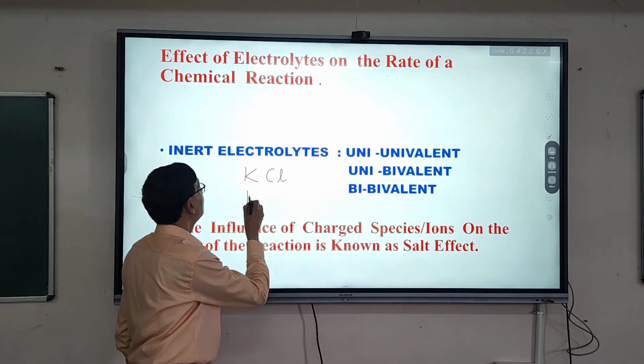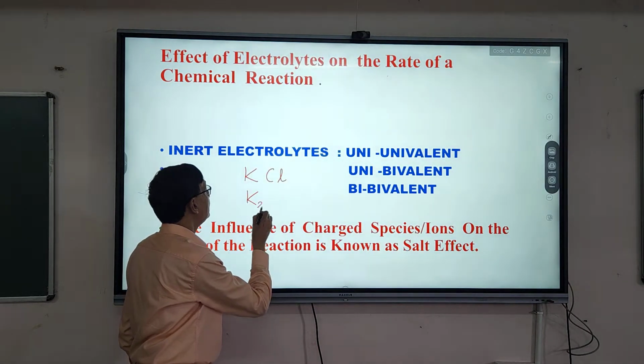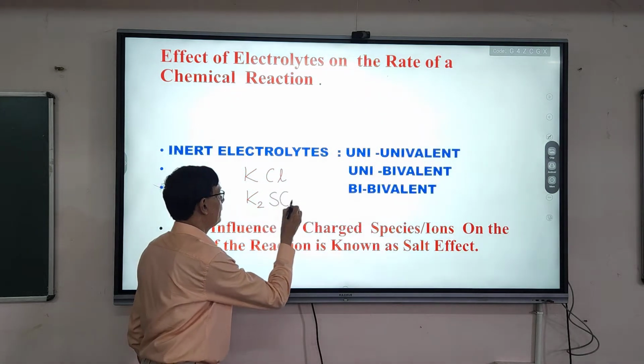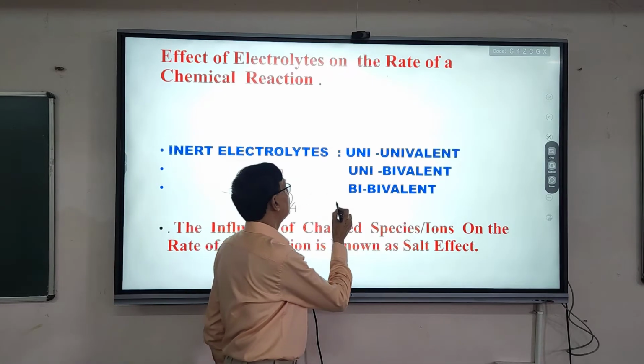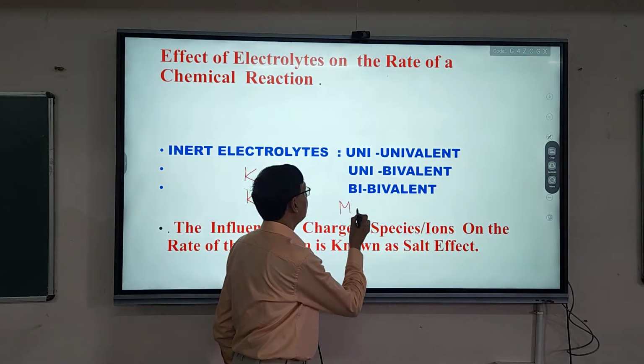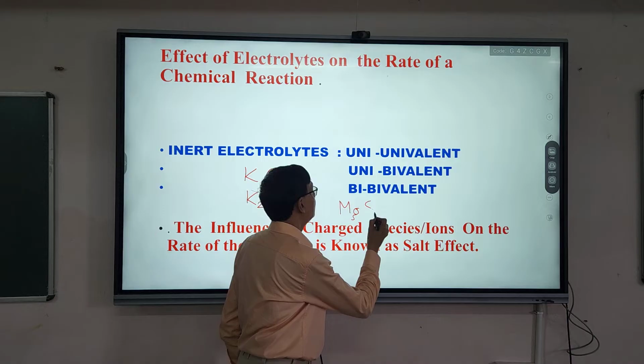Bivalent, K2SO4, like that. There may be so many examples. Or bivalent, suppose magnesium sulfate. I am just giving one example.